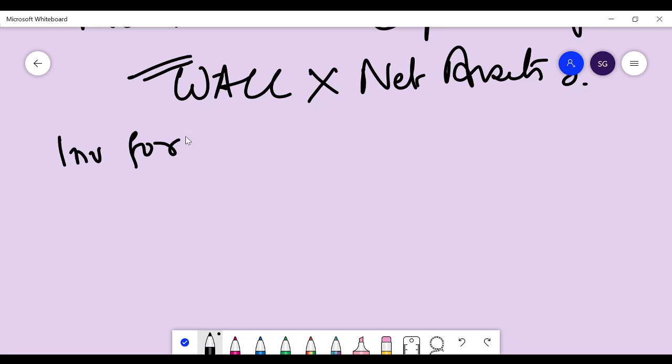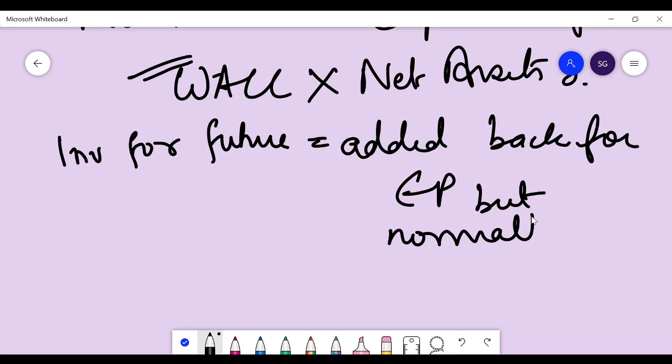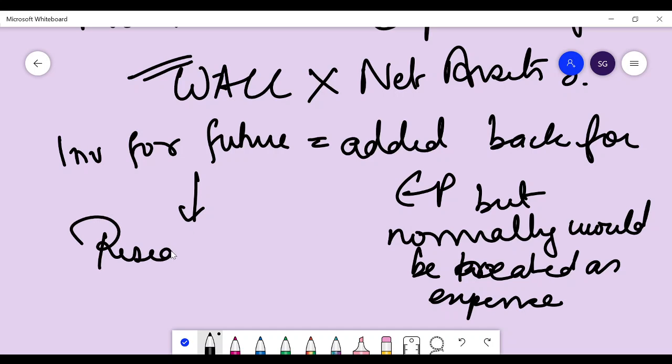Investment for future is added back for economic profit but normally would be treated as expense. For example, research and development, advertising.